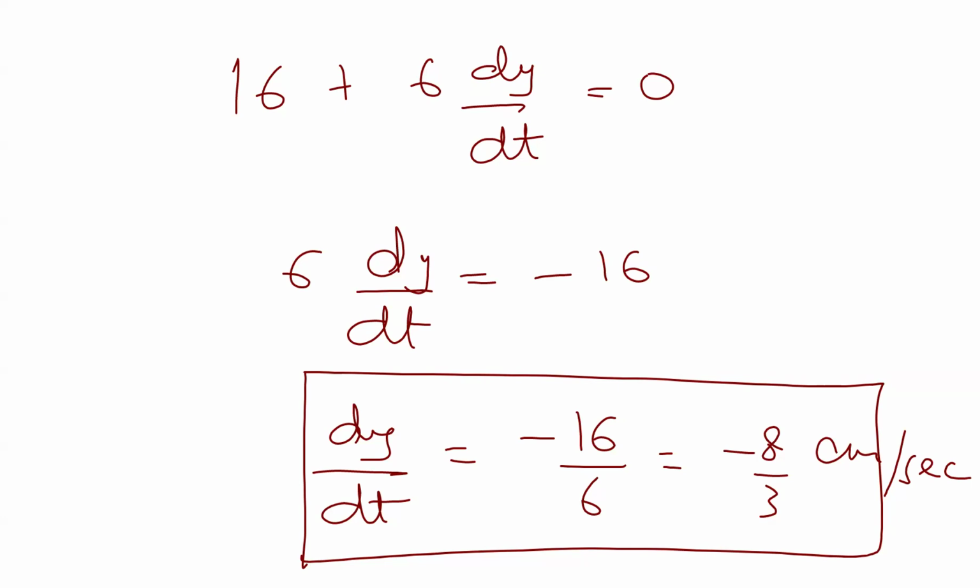Just a second. So negative indicates that it is centimeter per second. It's falling. That's why there is this minus sign. Okay. Thank you.